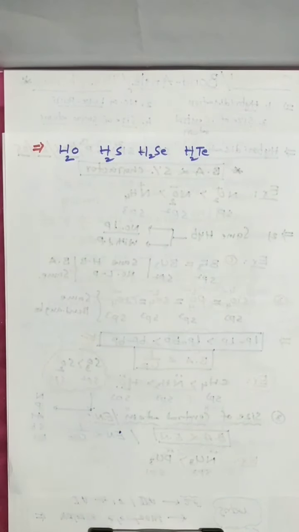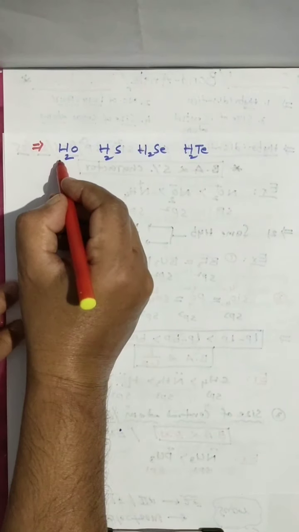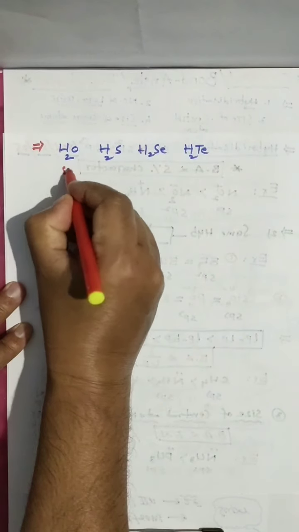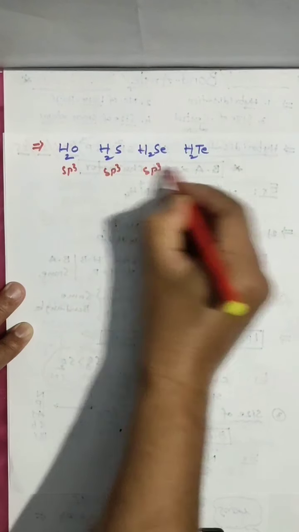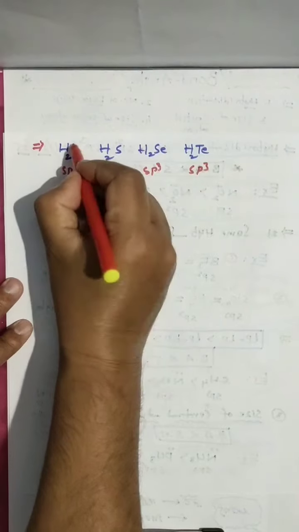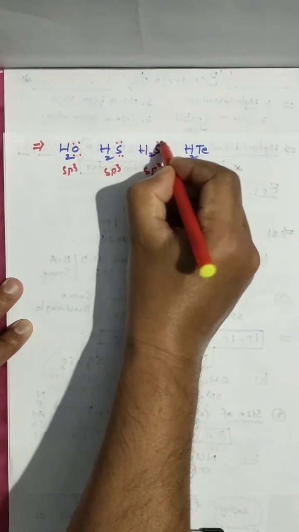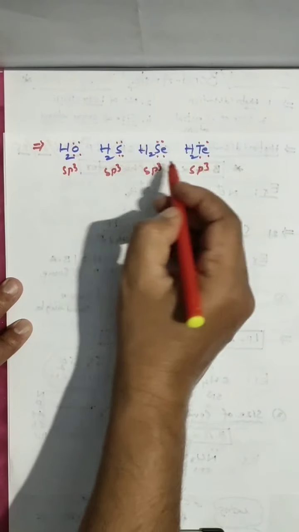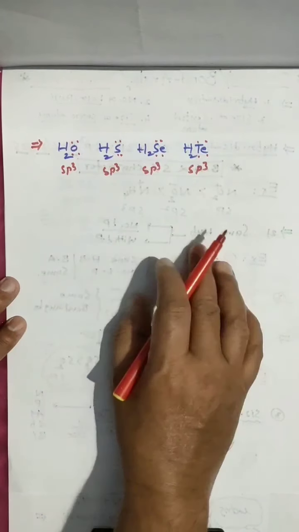Actually, this question was given previously. We need the bond angle. sp3, sp3, sp3, sp3. All are having two lone pairs. See, these are the same group: oxygen, sulfur, selenium, tellurium. Same hybridization, same lone pairs.